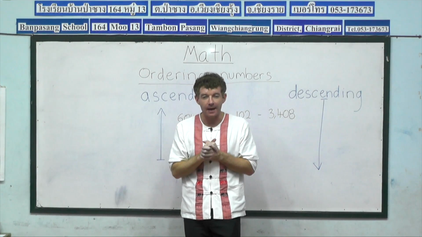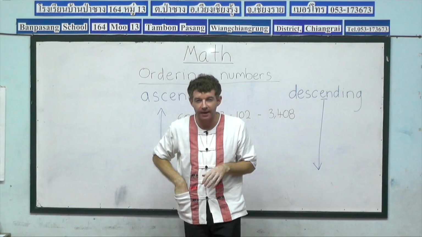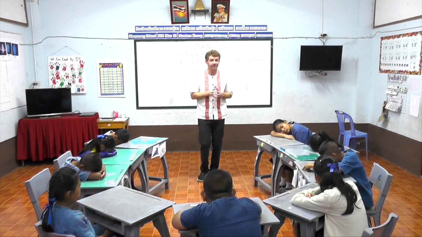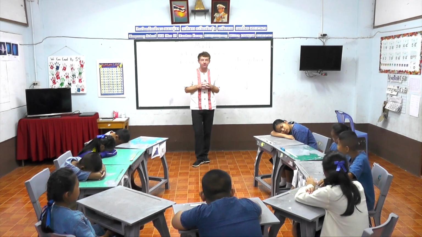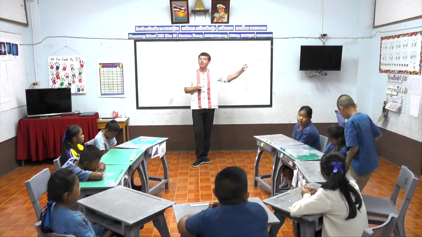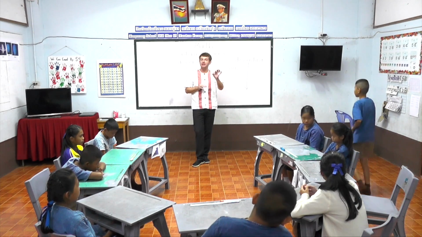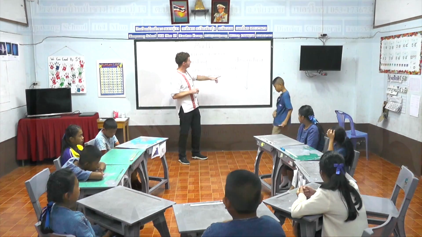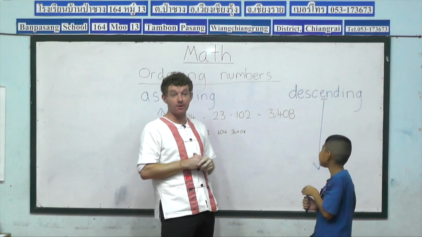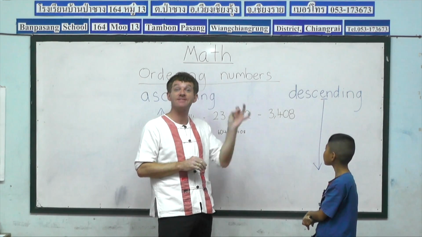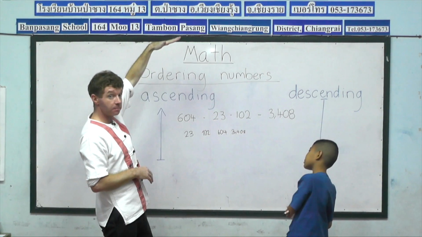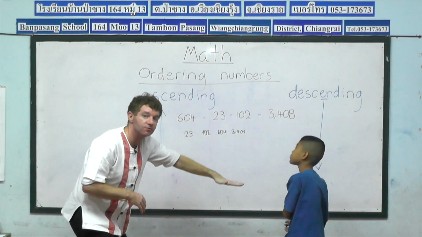Okay, so now I need my students to close their eyes again. Okay, and now it's Bangpon's turn. And what Bangpon's going to do, he's going to show how to order the numbers in the opposite direction. This time we're going to do descending numbers or descending order. So what we need to do, we need to start with the biggest and then go down to the lowest.